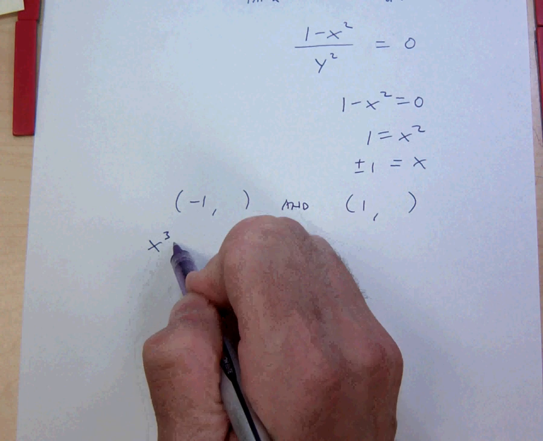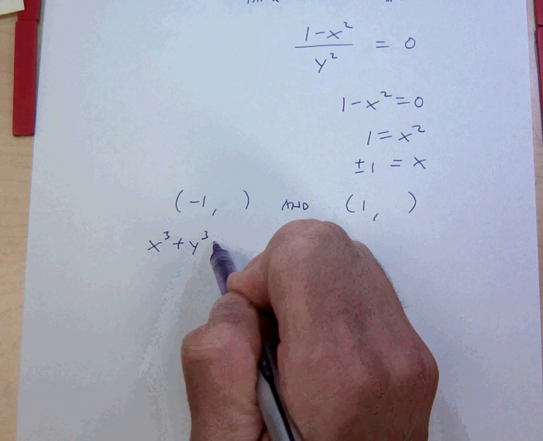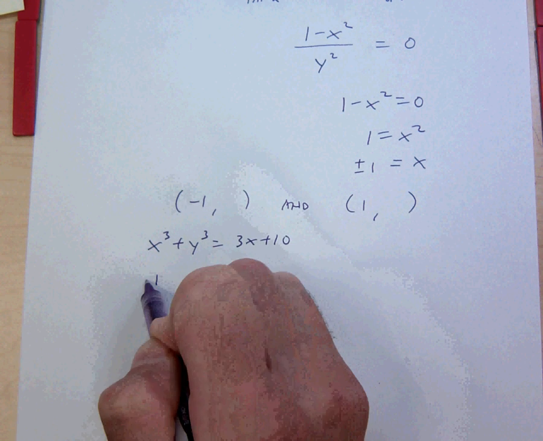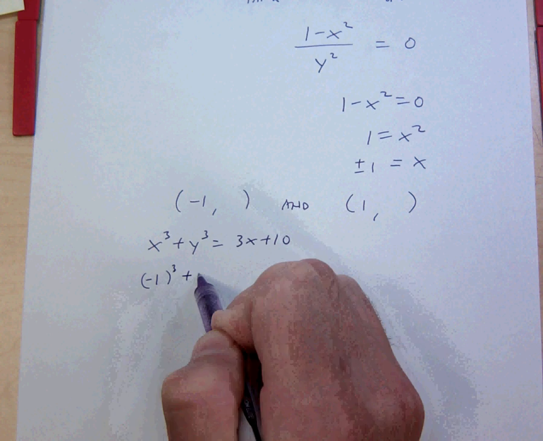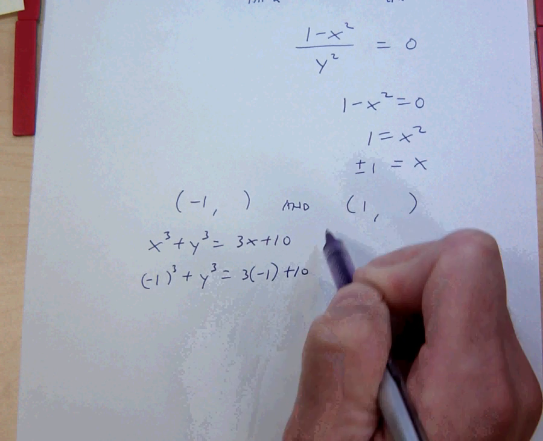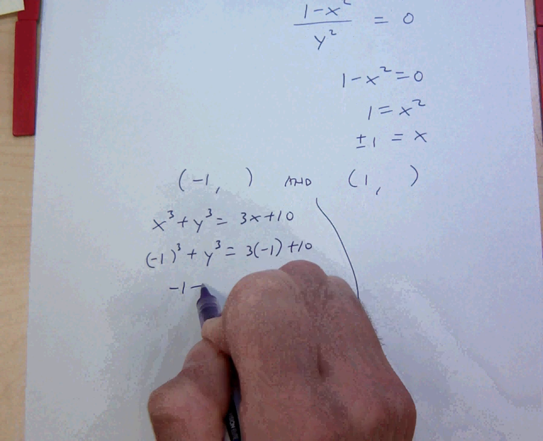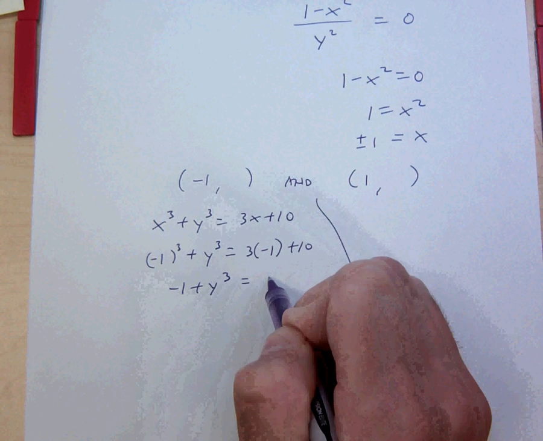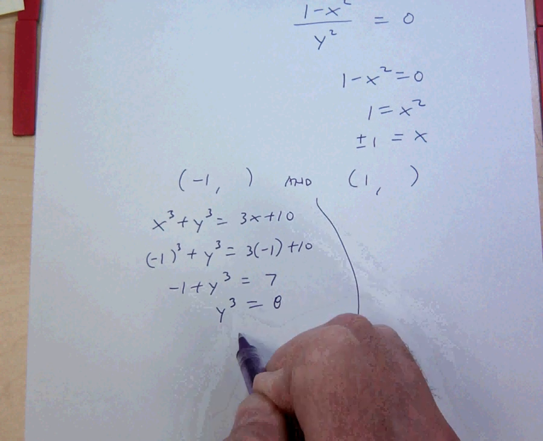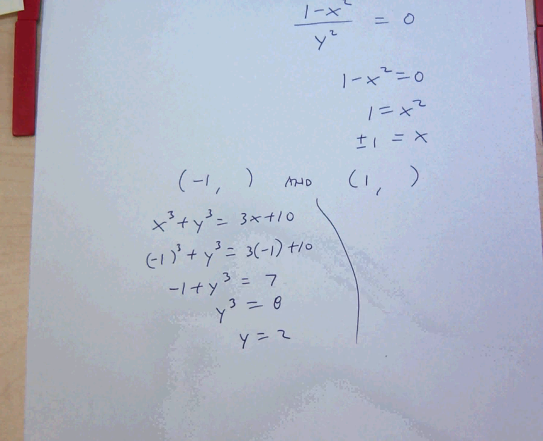Ready? So I'm going to put a negative 1 there. I'm going to put a negative 1 here. This is 7. Add 1. And I think you'll agree that y is 2, yes? Is that right?